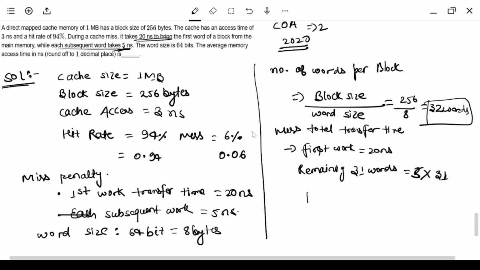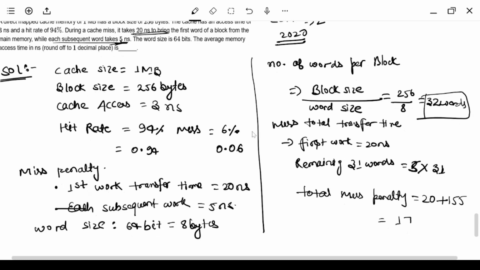So the total miss penalty becomes 20 plus 155, which is 175 nanosecond.